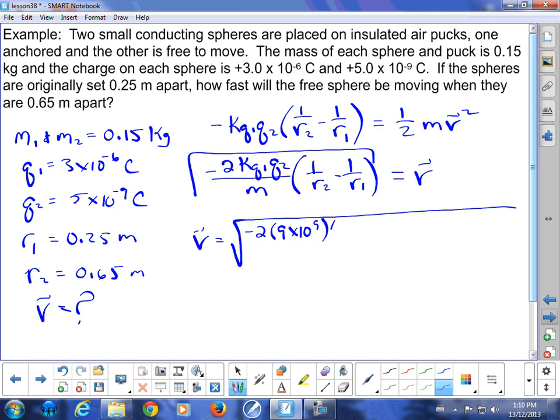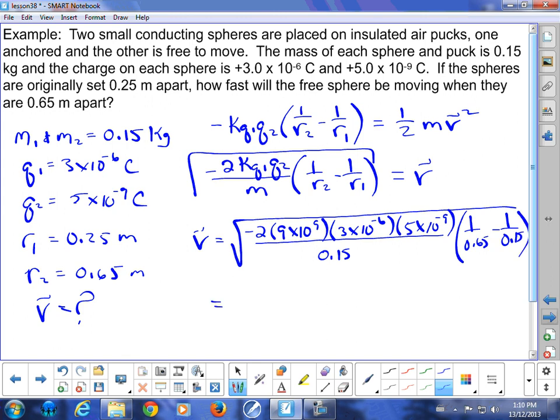With 9 times 10 to the ninth for k, my q values, 3 times 10 to the negative 6 and 5 times 10 to the negative 9, over the mass, 0.15. And then we have 1 over 0.65 minus 1 over 0.25. Now it becomes the fun challenge of entering it into your calculator.